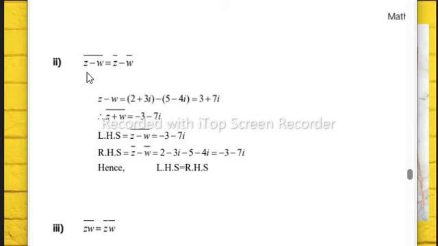In the second part there is the value (z minus w) whole conjugate is equal to z conjugate minus w conjugate. First of all we take the left hand side, z minus w. The value of z is 2 plus 3 iota from the question, then we write minus sign and 5 minus 4 iota from the question, and then we solve these two complex numbers. The minus will multiply with 5, then 2 minus 5, the answer is minus 3.